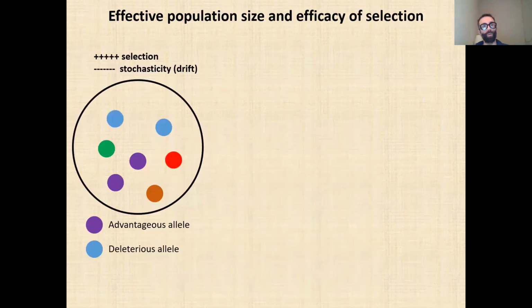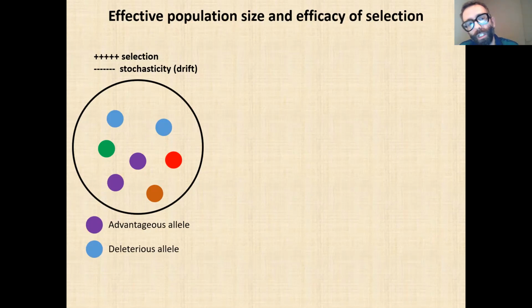And we're going to see now, imagine that we start with a population that is relatively healthy, so a large effective population size, so high genetic diversity, etc. In this population, selection will act very efficiently. Why?